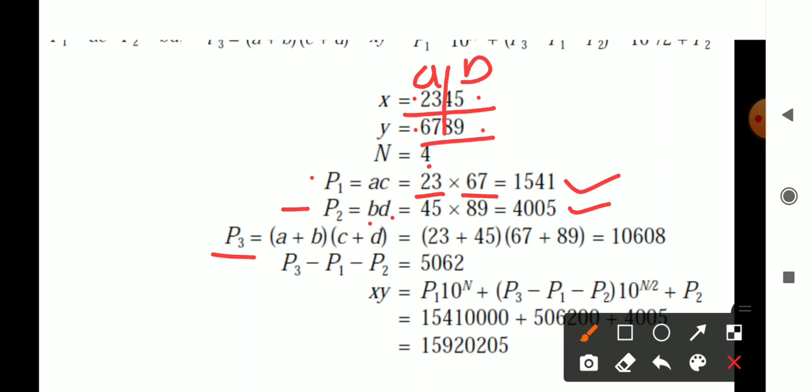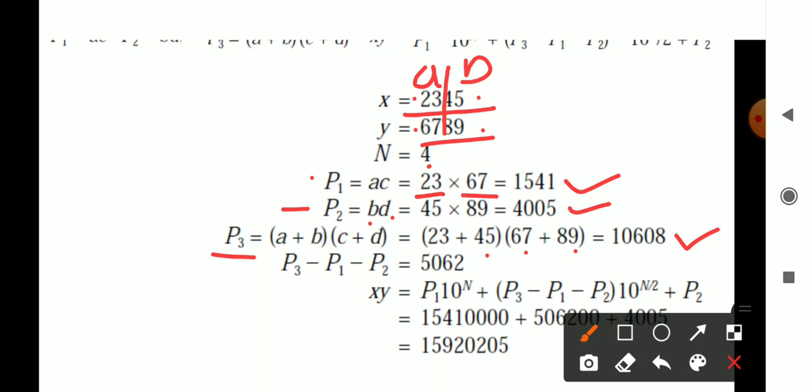Now P3 is A plus B multiplied by C plus D. Here A is 23, B is 45, the halves of the actual values, multiplied by C is 67 and D is 89. We calculate the value of that. So we have the values of P1, P2 and P3, and we can put them into our bigger problem.